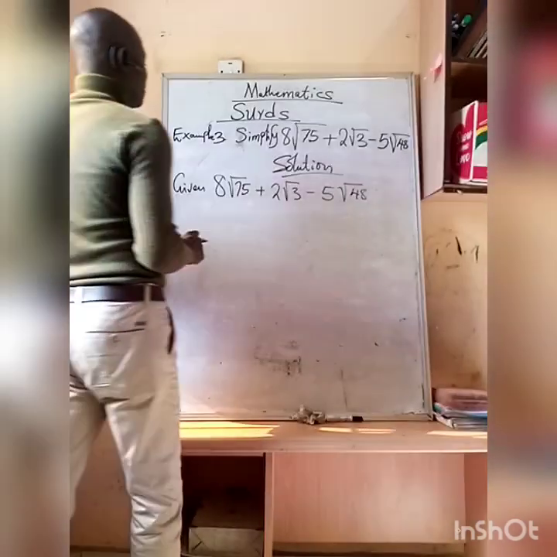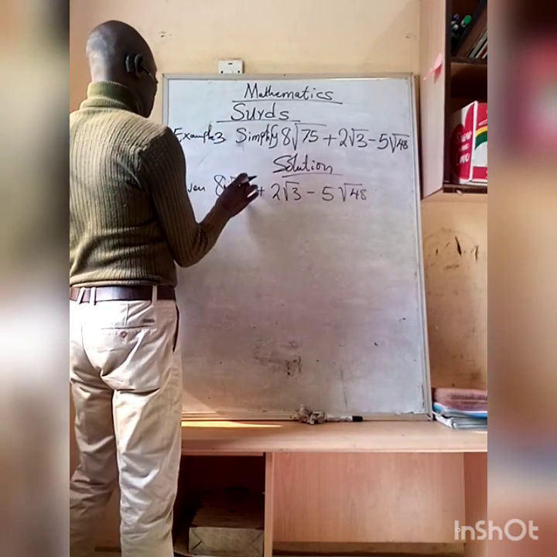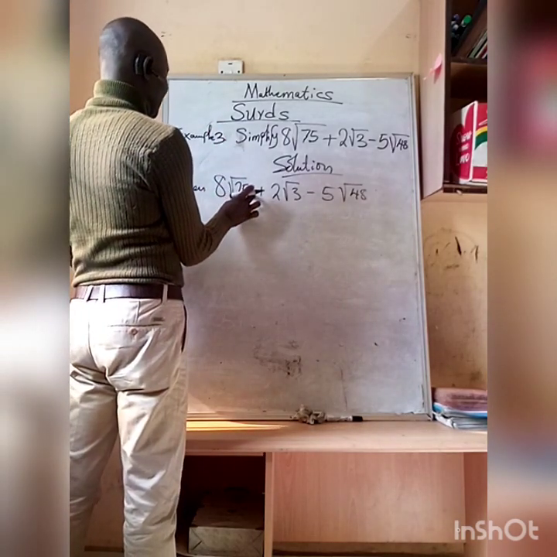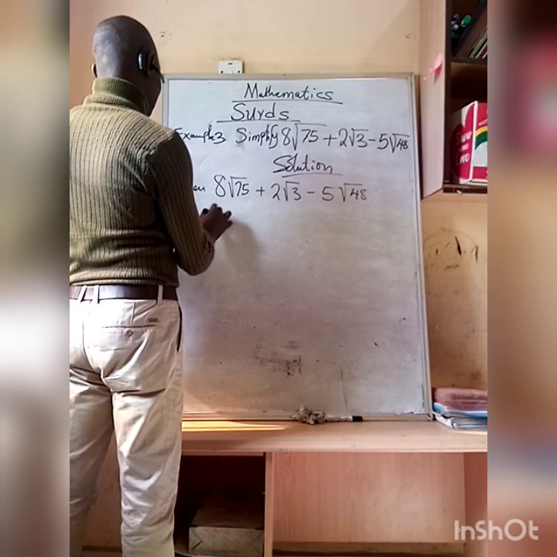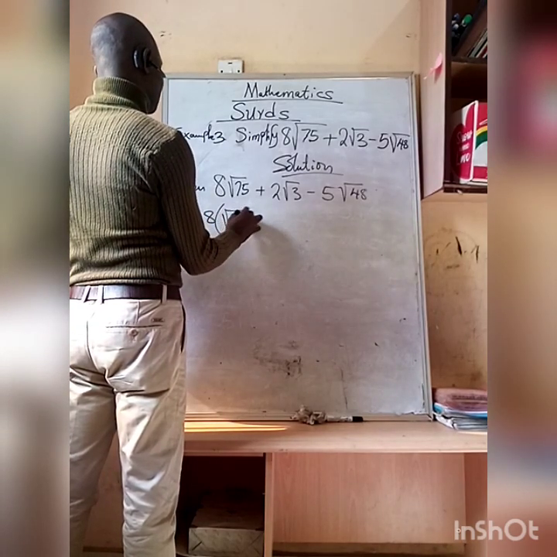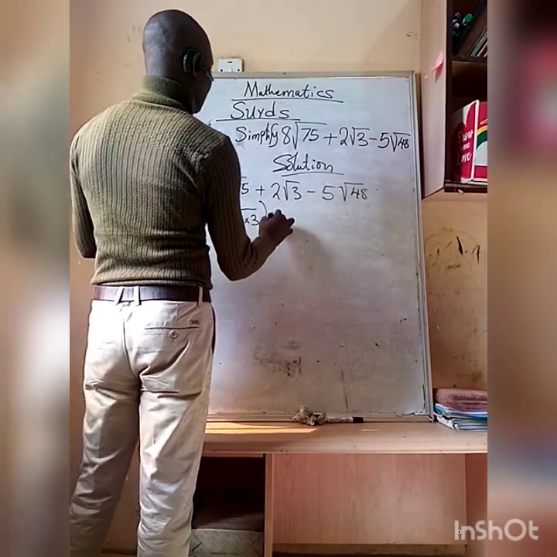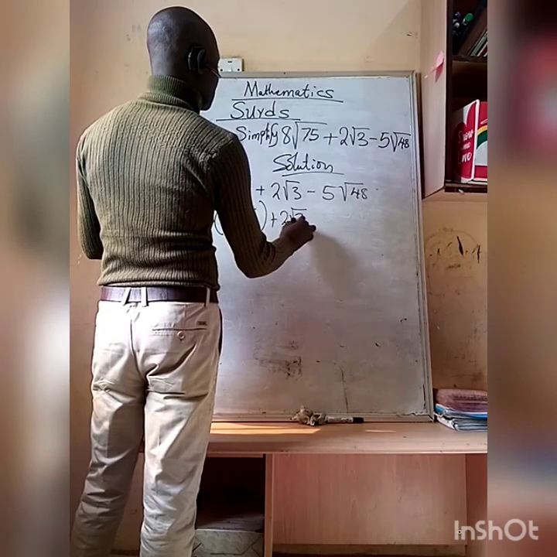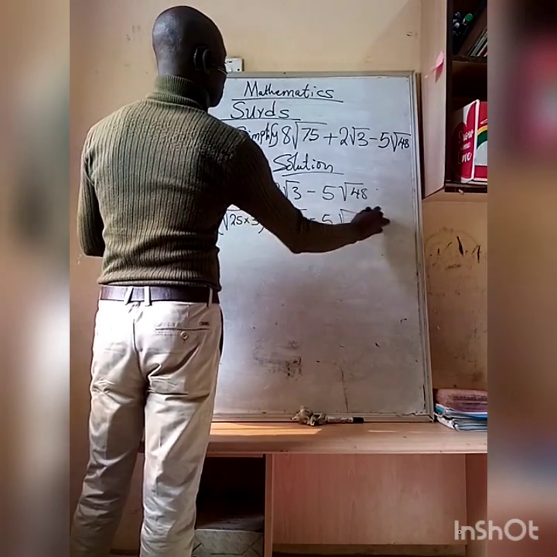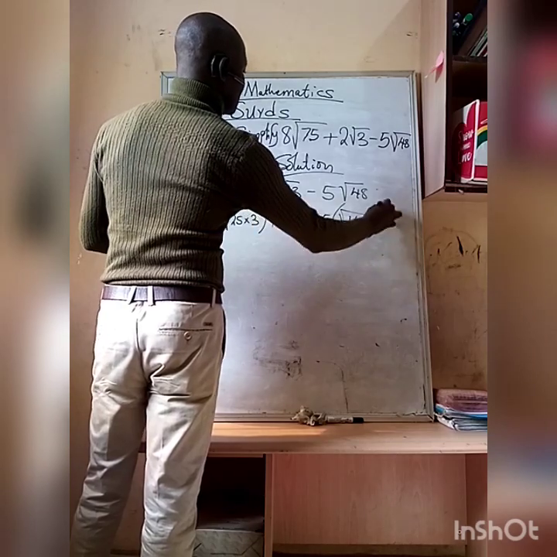The first thing to look out for is, do we have any perfect square as a factor of this? The answer is yes. So it implies 8 into root 25 times 3, plus 2 root 3 minus 5 into root 16 times 3.